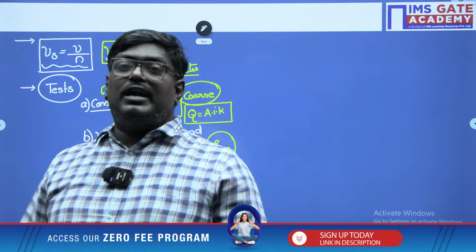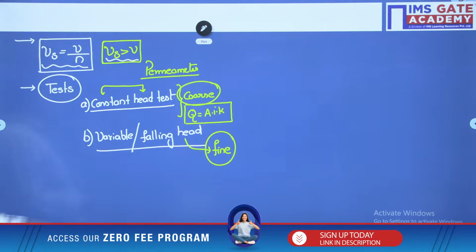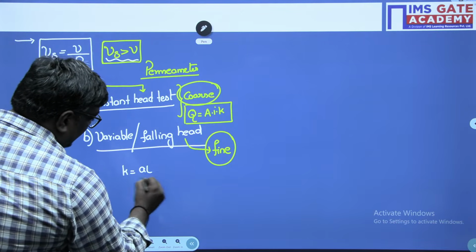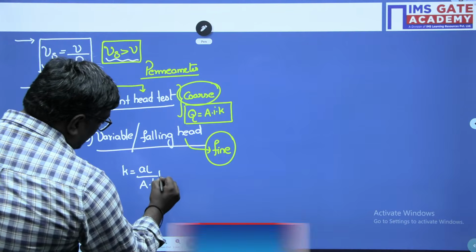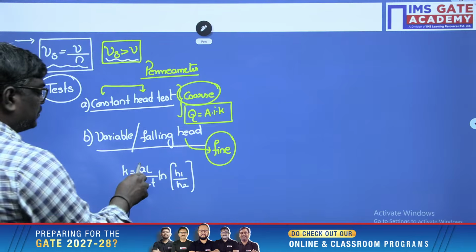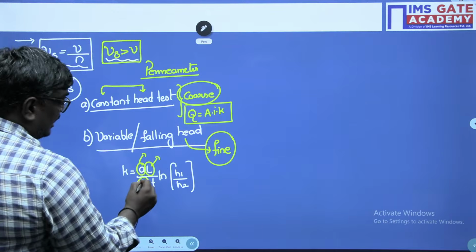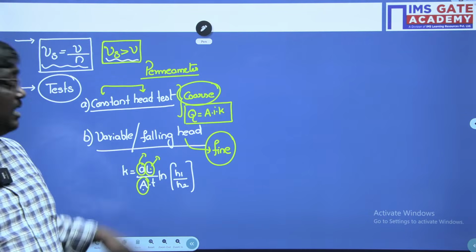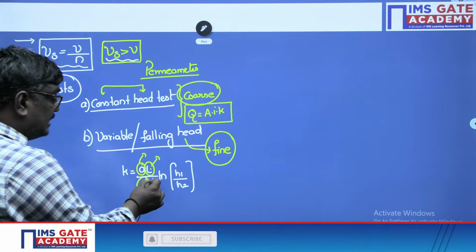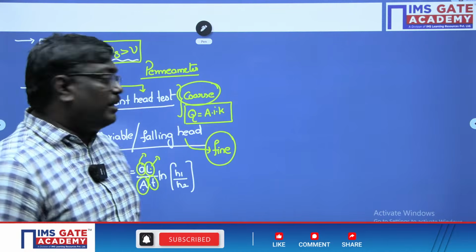So it is very difficult to maintain the head constant in case of fine grained soils. So the variable head test is given by the formula aL by At into ln of H1 by H2. Here, a is the area of the standpipe, and capital A and capital L are the area and length of the soil sample. T is the time for the head falling from H1 to H2. So this is the variable head test.